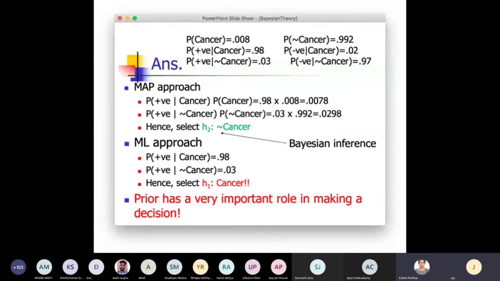So you should divide it into two scenarios. Say a person is having cancer, what is the probability that the diagnostic test will be positive? In the other scenario, the person is not having cancer, and what is the probability that the diagnostic test will be positive? If you add them, you will find the probability that the test will report positive.